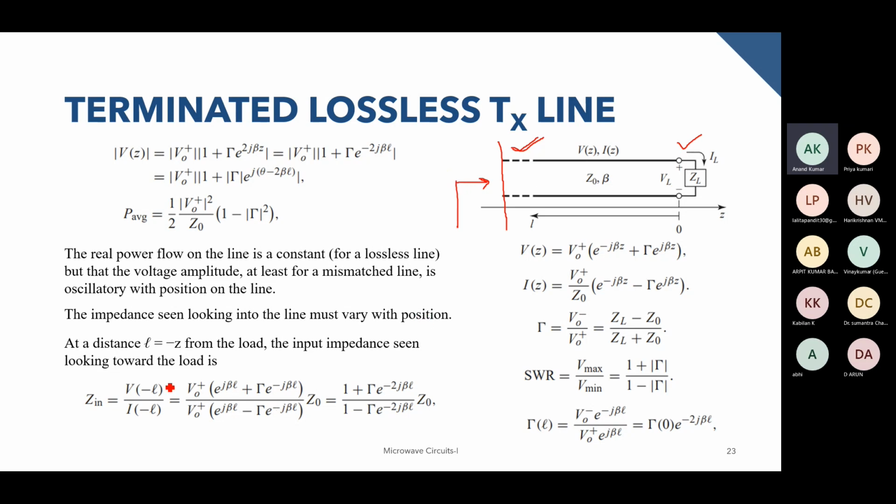At this particular point, if you're trying to find out the input impedance, what you can do is take the ratio of the voltage and the current at this point.